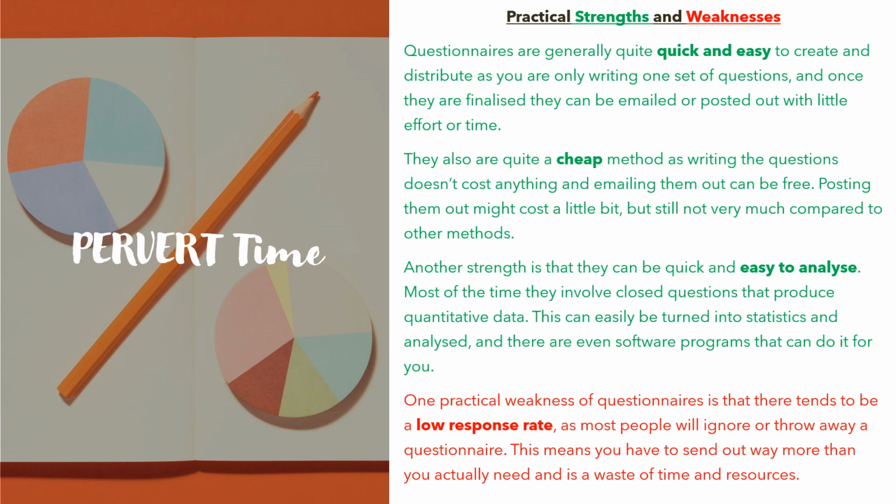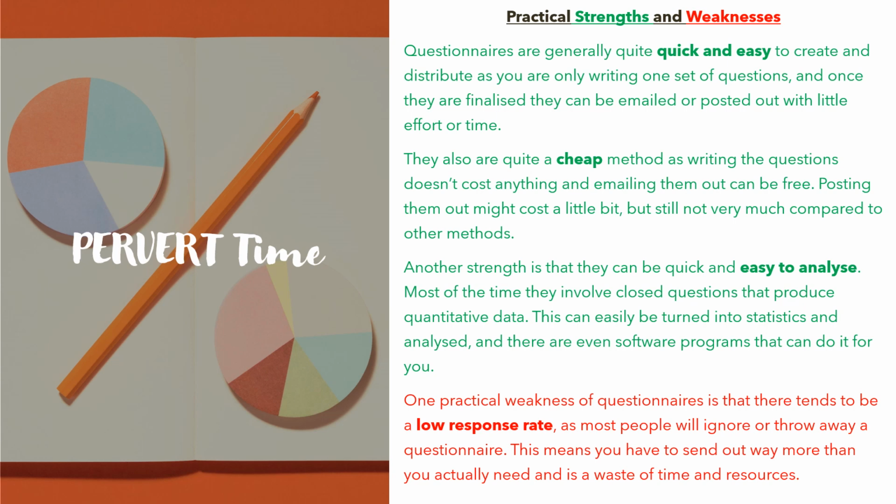And also, because the data tends to be quantitative, because you use closed questions, you often get numbers. So you can get computer programs that will quickly tot up the data for you and turn it into a statistic. And so you get really quick, easy data in terms of analysis. You can make your conclusions quite quickly from that.